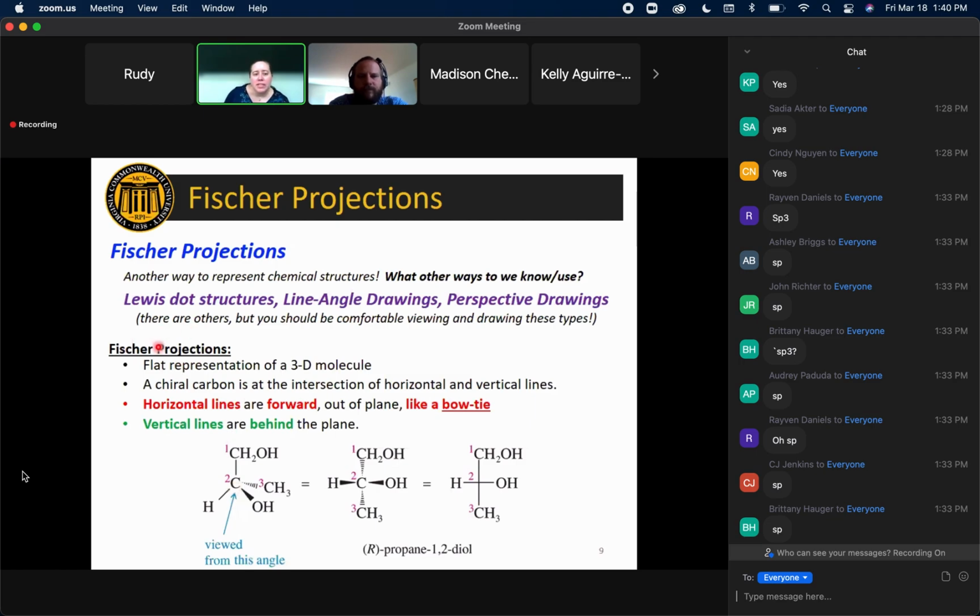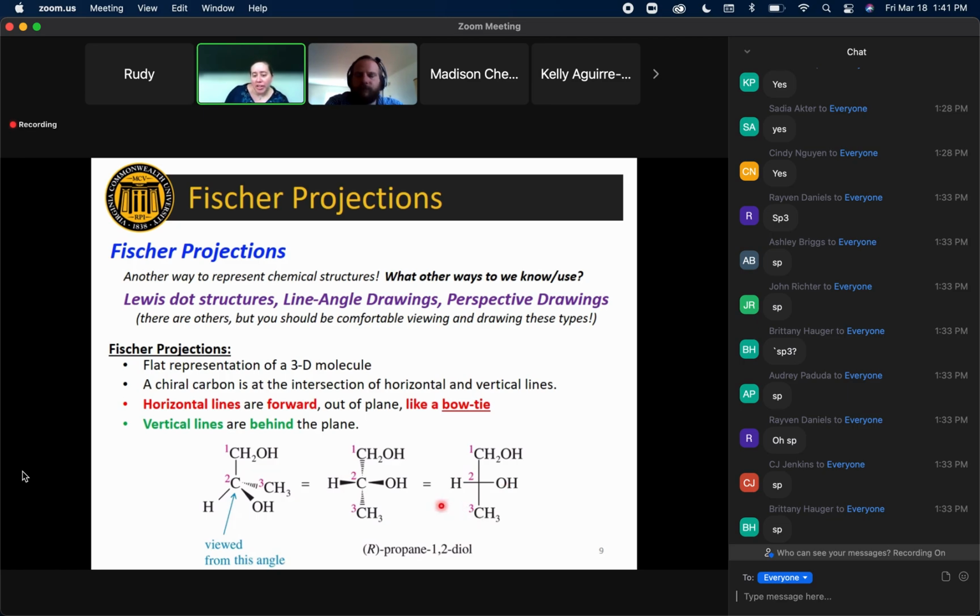And so this is part of the definition of a Fischer projection: you arrange your molecule so you are looking at it from a direction where the bonds coming towards you are along a horizontal portion of the molecule, and the bonds going away from you go back behind the plane in a vertical line. Then the Fischer definition says that we can flatten this out so that we don't have to draw the wedges and dashes anymore.